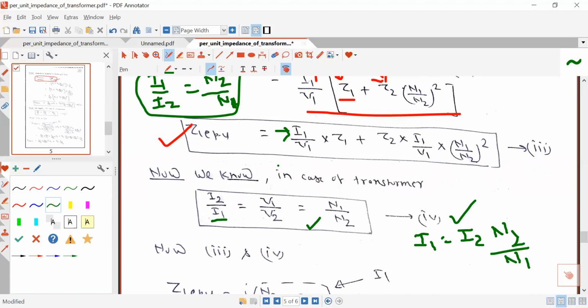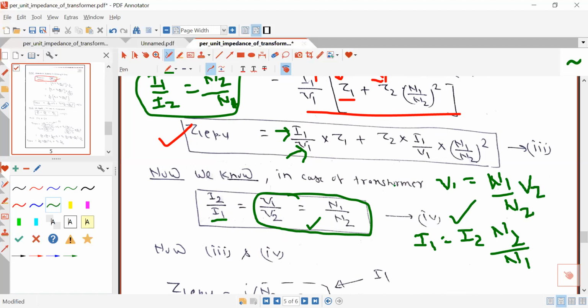And similarly, in place of V1, from this expression you can derive V1 equal to N1 by N2 into V2.